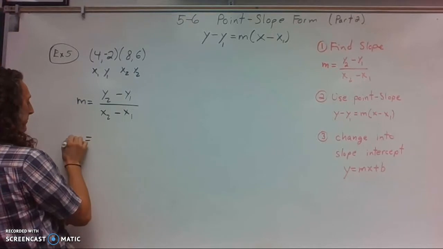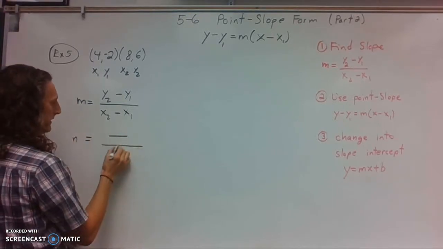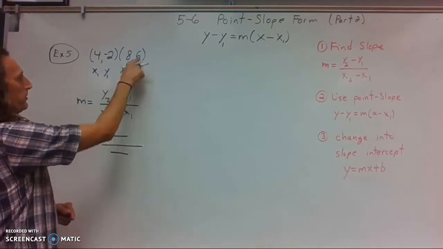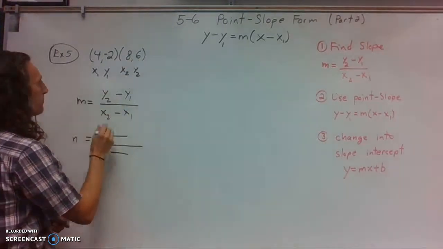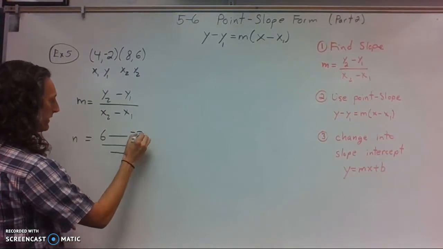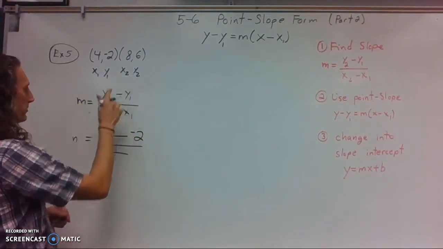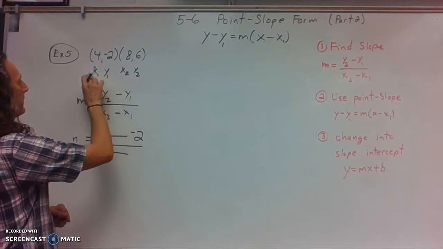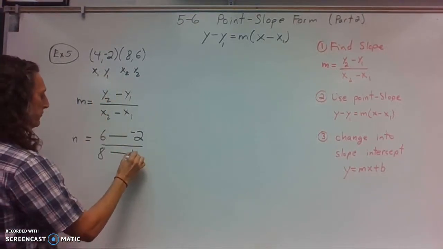I'm going to plug in my numbers. Here are my minus signs. Y2 is 6, y1 is -2. Got to be careful, make sure that's negative. And then my x2 is 8, and my x1 is 4.